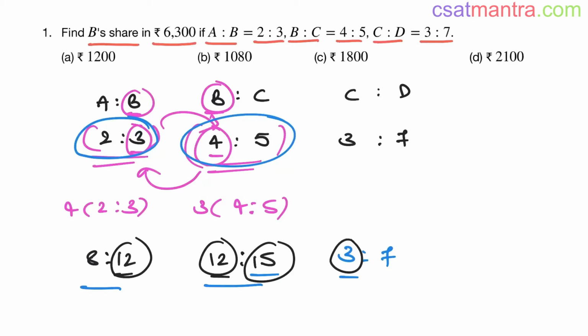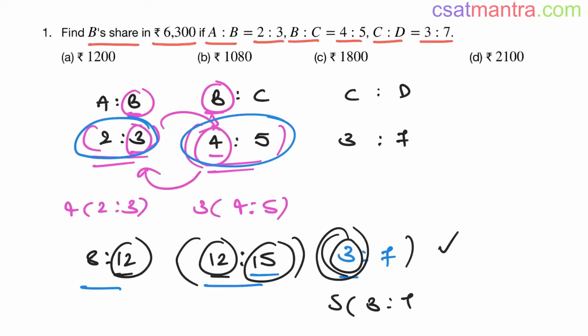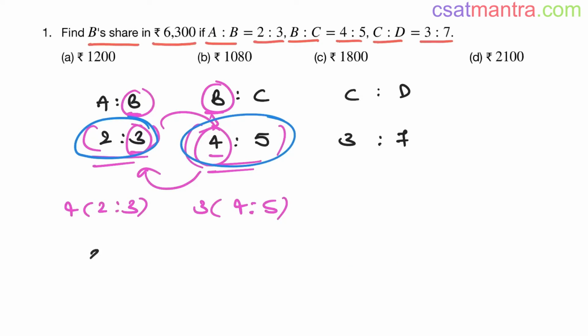That means we shouldn't be multiplying this ratio with anything. Rather, we should be multiplying this ratio with something so that this value becomes 15. With what number do we have to multiply? 5, my friends. 5 into 3 is to 7 is 15 is to 35. See, 15 here, 15 here. C is equal. So the new ratios are 8 is to 12, 12 is to 15, 15 is to 35.